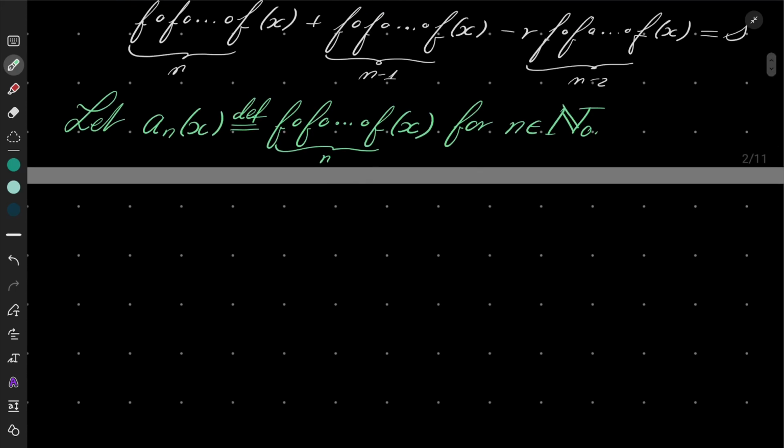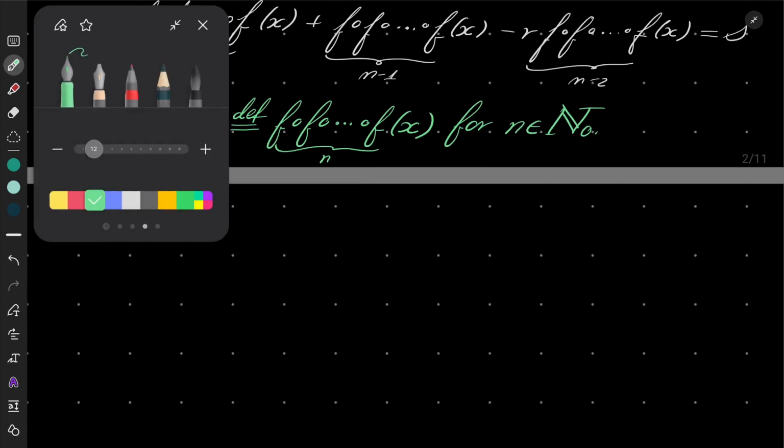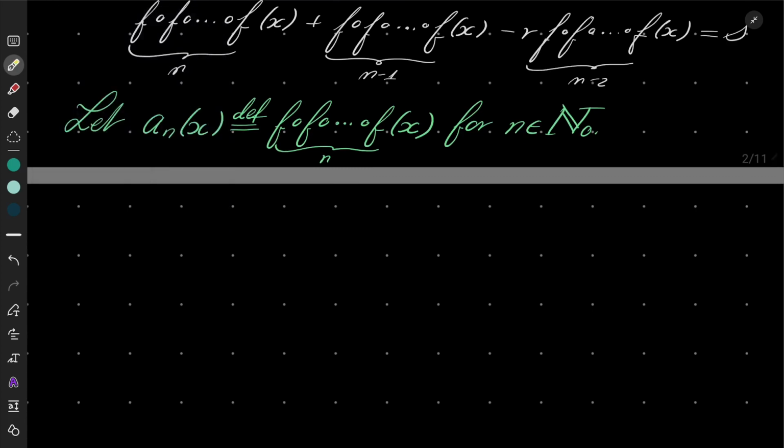And notice that we have the following recursion going on. Namely, a_0 of x is x. a_1 of x is f of x.